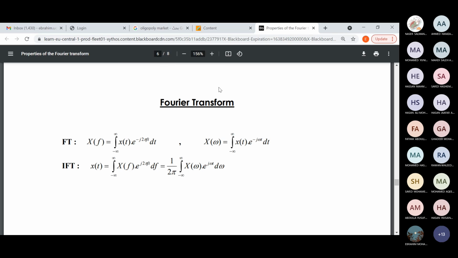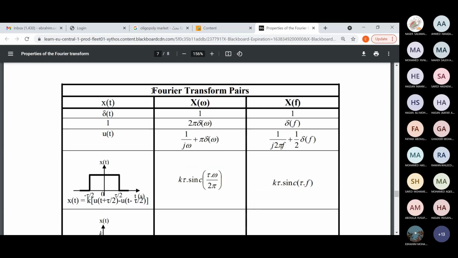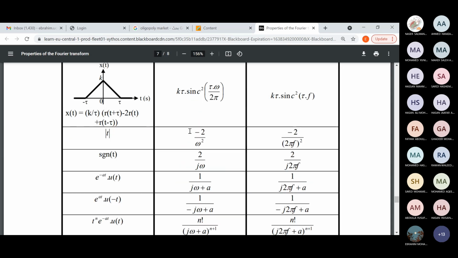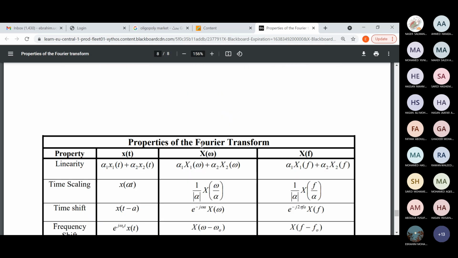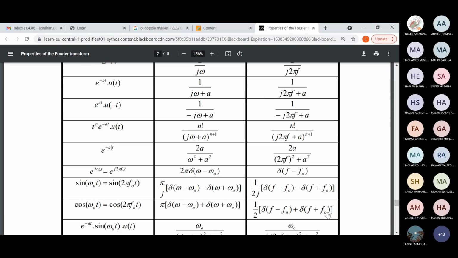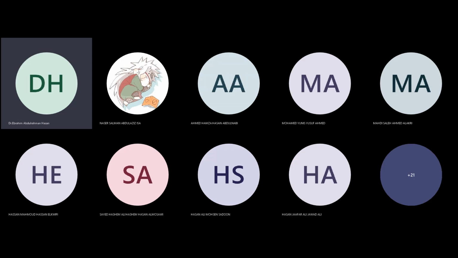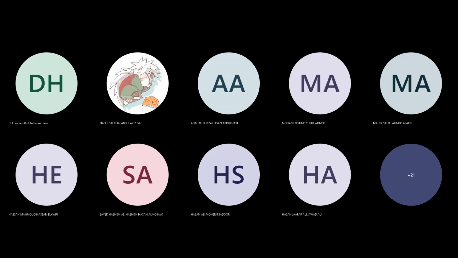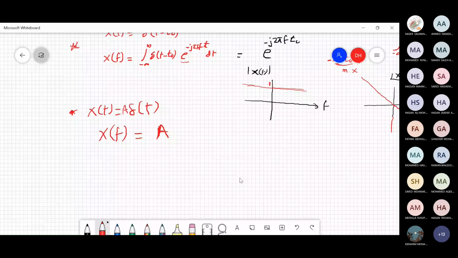So here we have the Fourier transform integration, how to find it by integration, and this table of transformations, and here we have another table for properties. So now I do not need to look at the table, because in this lecture I am going to do it by integration. Any question before I continue?